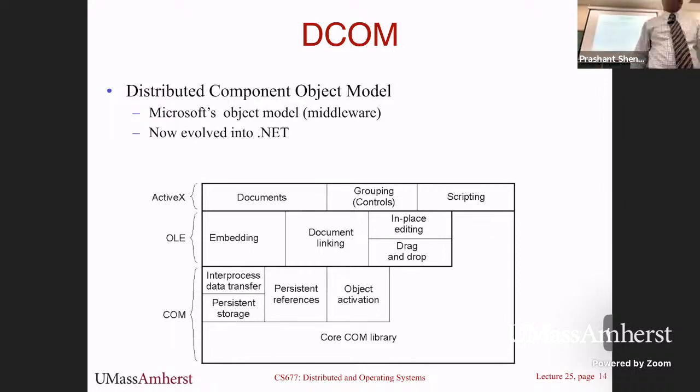Okay? And then on top of that, essentially, they put another layer, which was called ActiveX. ActiveX essentially allowed you to take all of this and export that as web applications using web servers and so on. So now you can have browsers connect to these applications, and then you can actually see documents in browsers and so on.